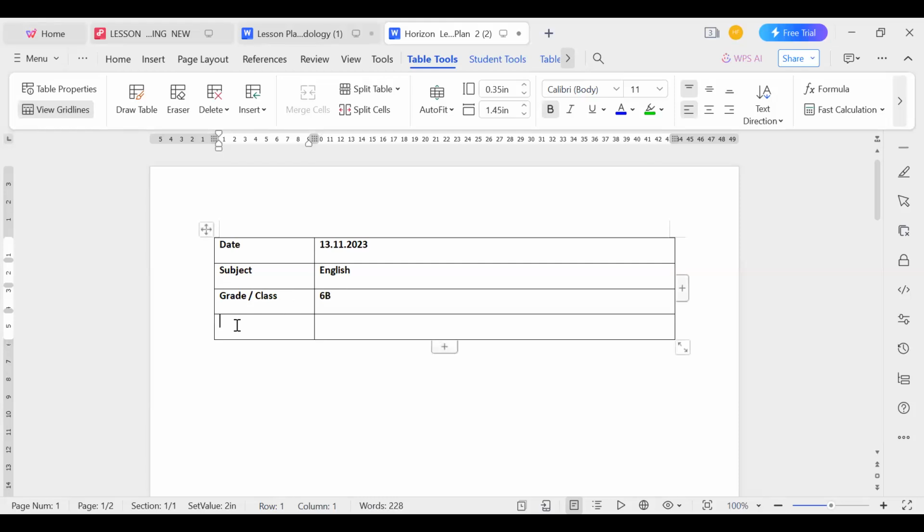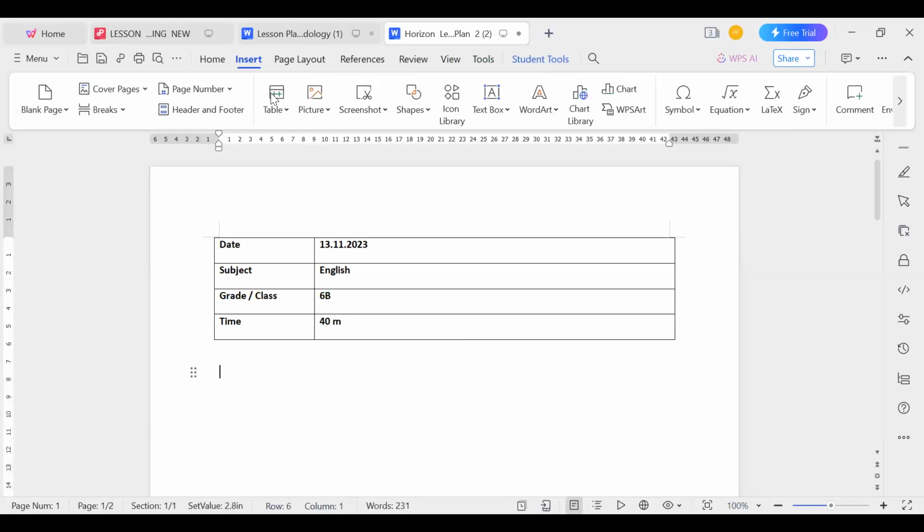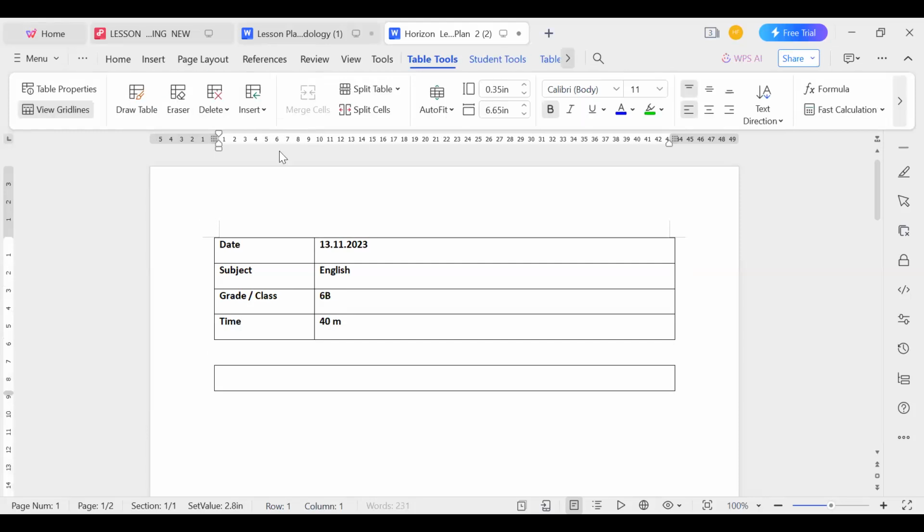Okay, what is next? Time, duration. You are given 40 minutes for this lesson. It's normally English language 40. Then what is the next big one? We have to write the specific objectives. What is it?